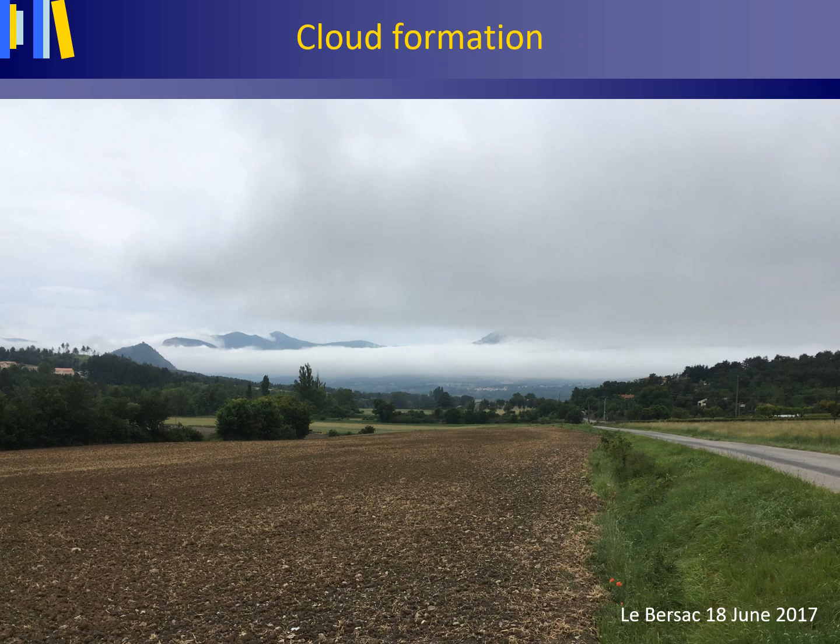This is a picture taken in Le Bersac, which is near Serres in our fieldwork area in France, in the Haute-Alpes. When you have calm conditions during nighttime, you get infrared thermal radiation of the Earth, causing cooling of the land. The cooling ground then cools the air above it by conduction, causing the air temperature to fall and reach the dew point.